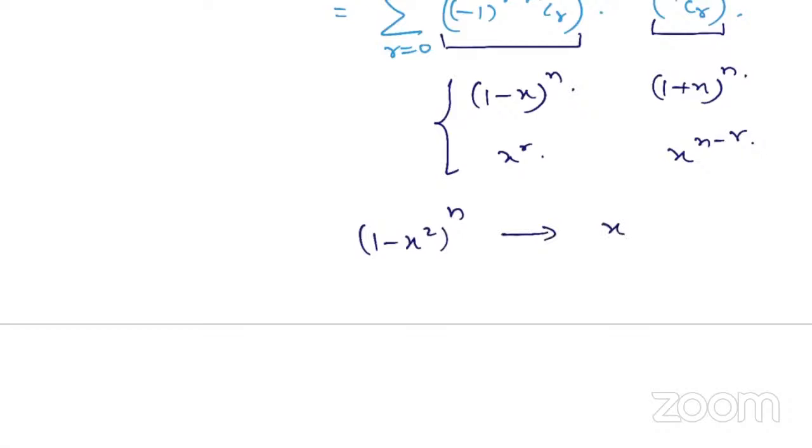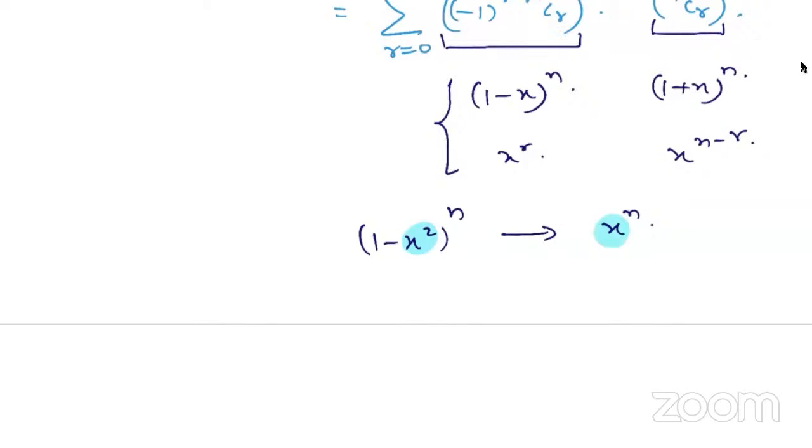We need coefficient of x to the power n, but we have to understand this. The expansion is for x square, and here x is given, so expansion will not go right.